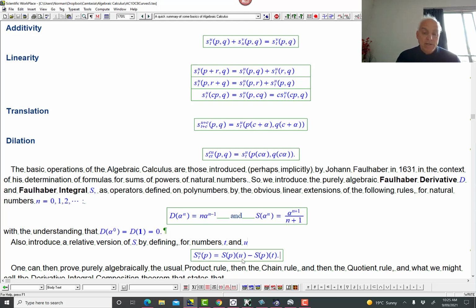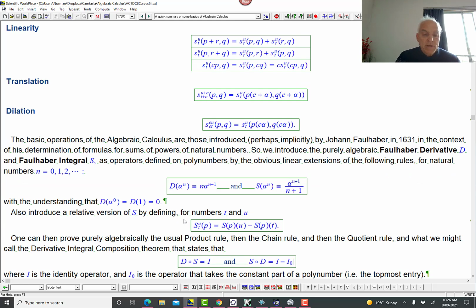So it's a polynumber, so we can evaluate it at u, and then we subtract s of p at t. I should say, of course, to extend these definitions to general polynumbers, we do so linearly because every polynumber is a linear combination of these powers of alpha, and so we just use the linearity to extend the D and the S operators to general polynumbers.